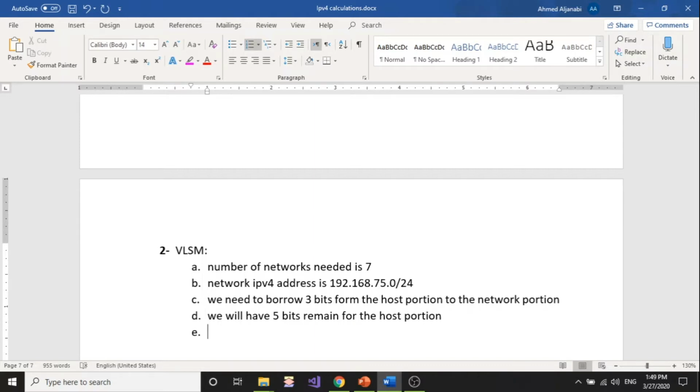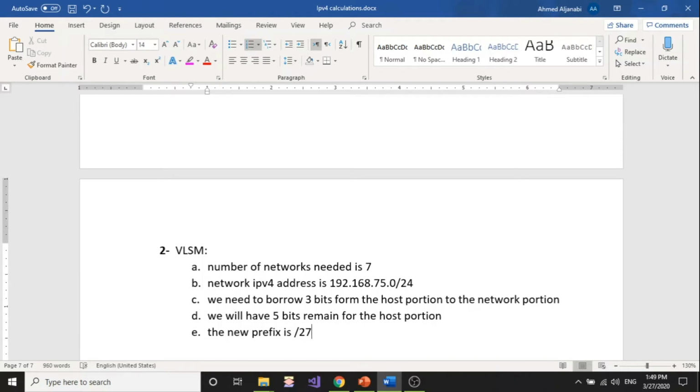Previously we had 8, and we're going to take 3 of them, so we're going to have 5 bits. The new prefix is, since I'm borrowing 3 and I already have 24, going to be 27. That's going to be the new prefix.